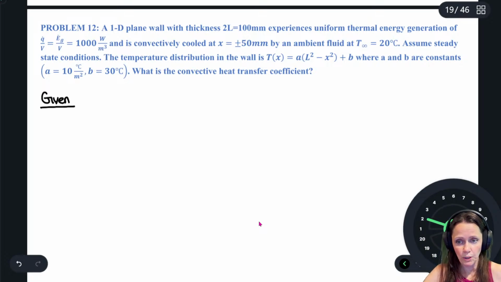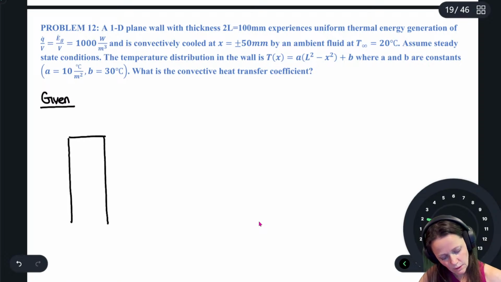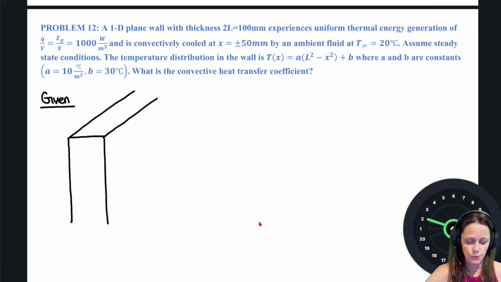If we have a one-dimensional wall, I'm going to draw our wall here. Perfect. So it says that the wall has a thickness of 2L.